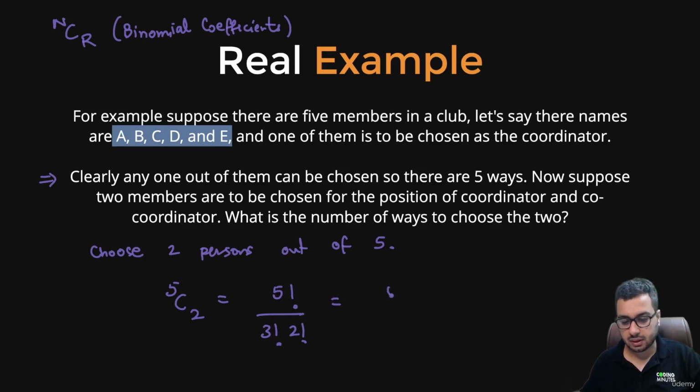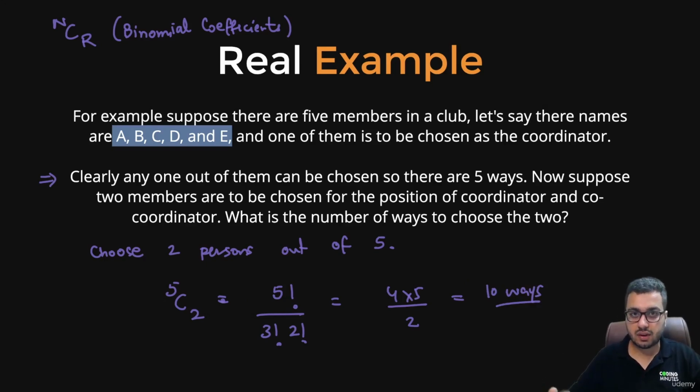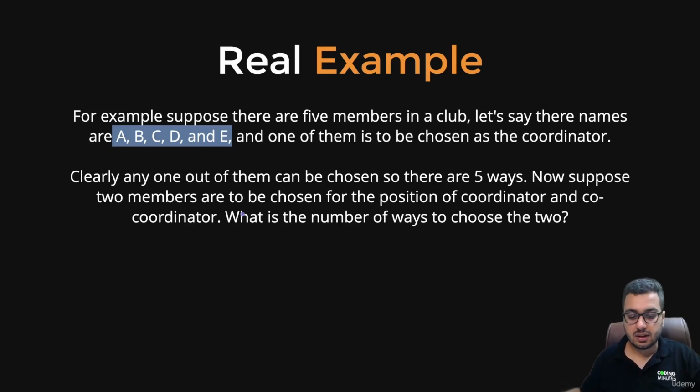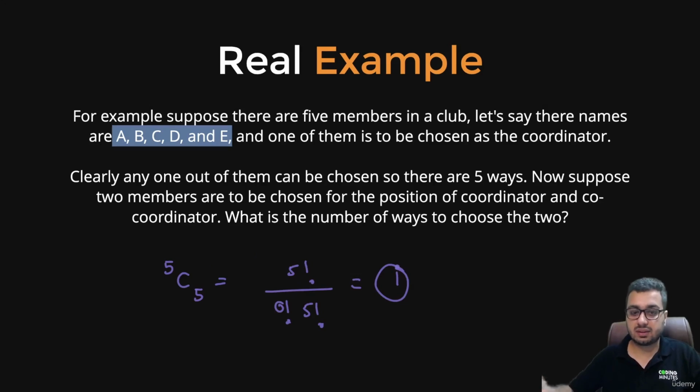It is 4 times 5 upon 2, which is 10 ways. So the number of ways of choosing 2 persons out of 5 is denoted using 5C2. Similarly, 3 persons would be 5C3, 4 persons 5C4, and 5 persons 5C5. 5C5 would be nothing but 1. If you want to pick all the persons, it would be 5 factorial divided by 0 factorial, that is 1, times 5 factorial. So it is nothing but 1, and this makes sense as well.